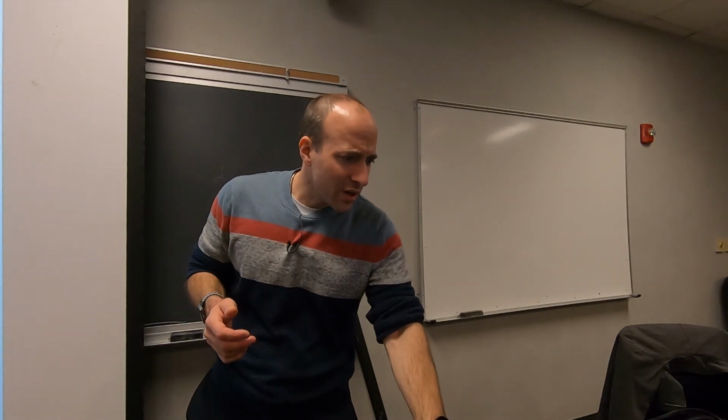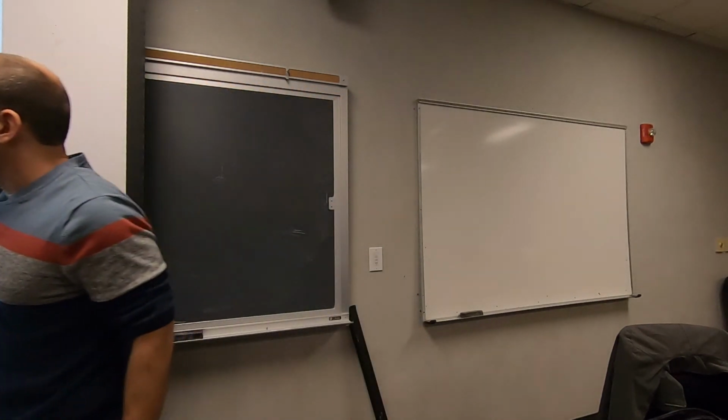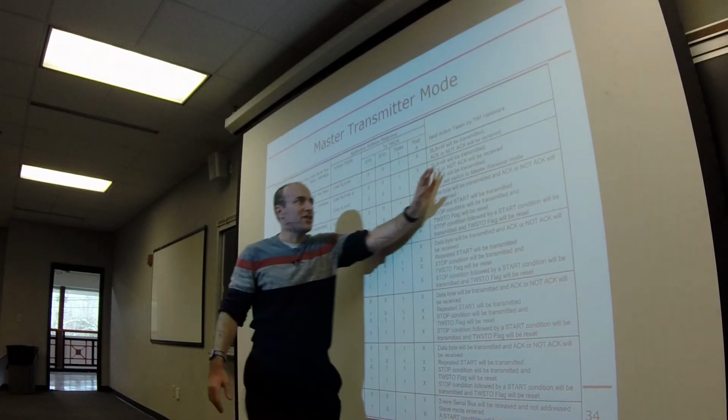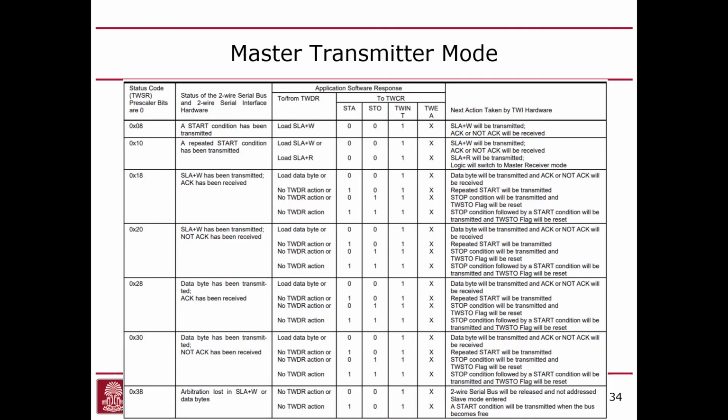And also, these are all the different statuses just for the transmitter mode. Look at this table. It's crazy. These are all the different outcomes the TWI interface could come to based on what you're trying to do, right? Whether it's trying to do a start or address, data or stop.